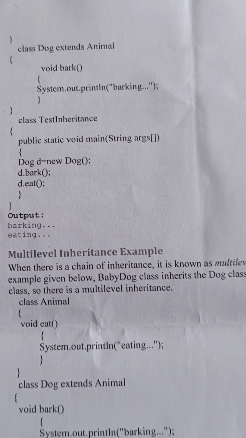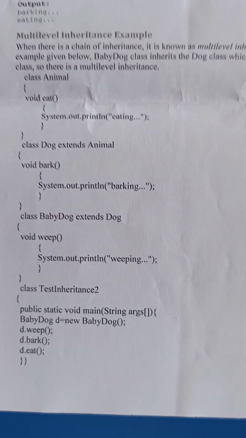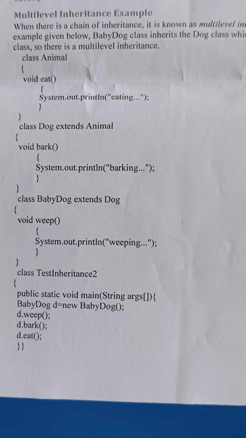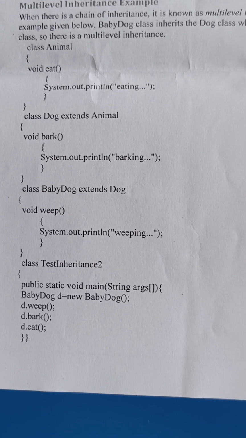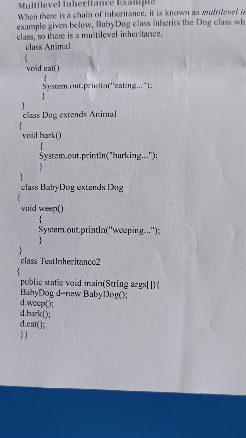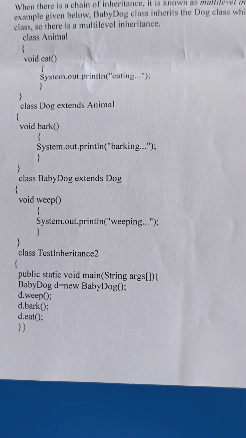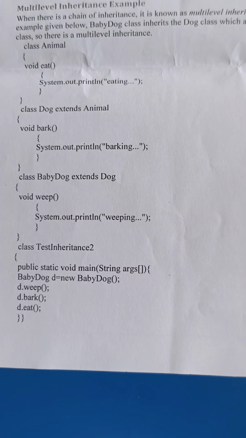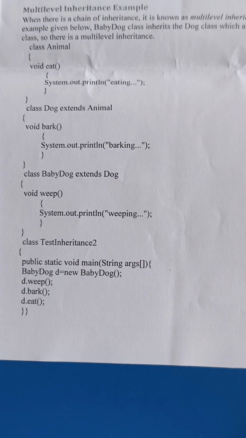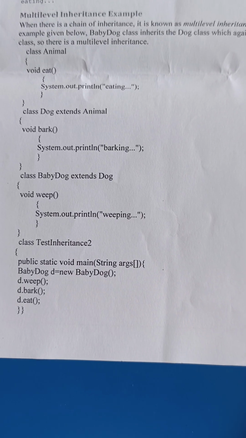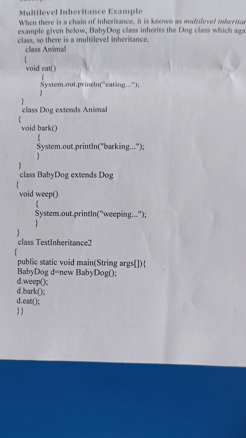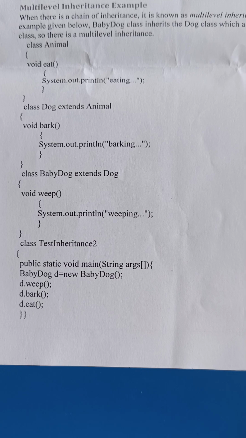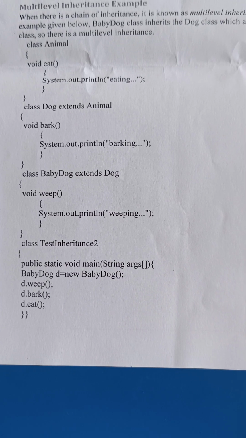Okay, next we will go to multi-level inheritance, that is level by level. That is your grandfather, grandmother, then your father, mother, then you. Likewise, we have a class derived from a derived class. That is the chain of inheritance. Class animal is the main class we already saw in single inheritance.